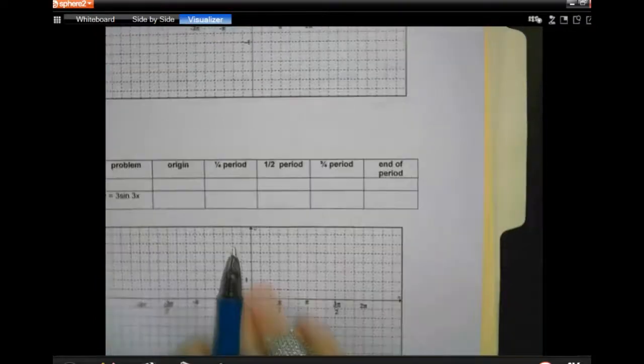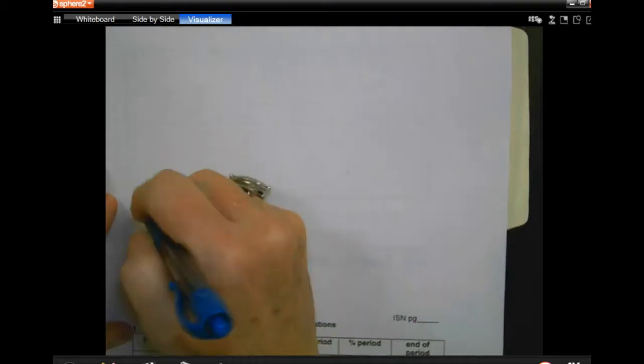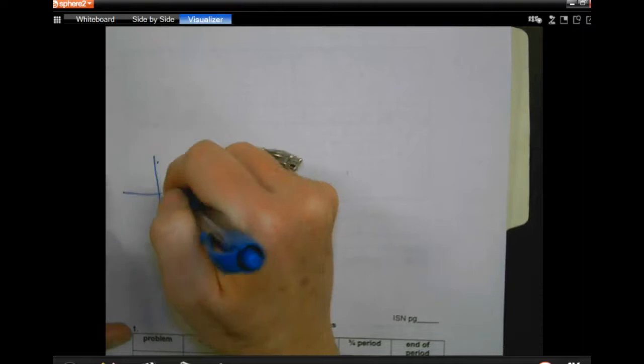Okay. So, go to the white paper. Just in that little blank paper part above, I just want to show you what I'm about to do.